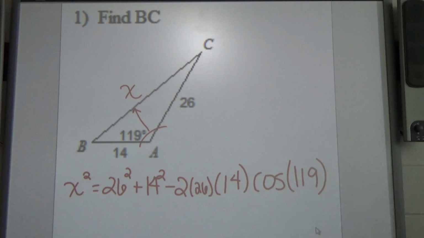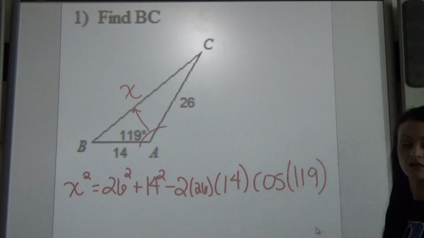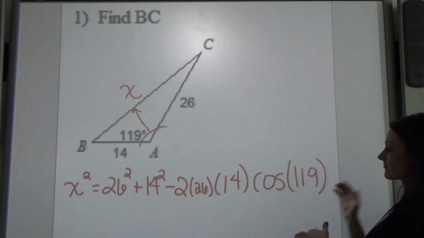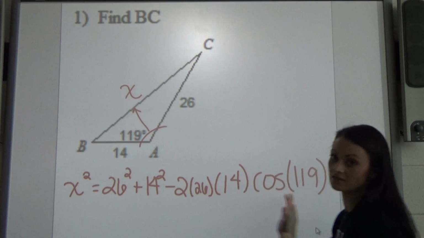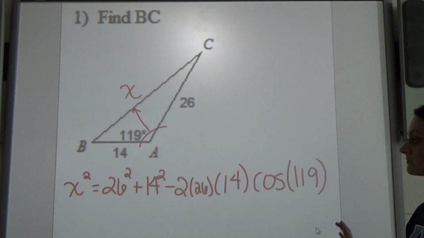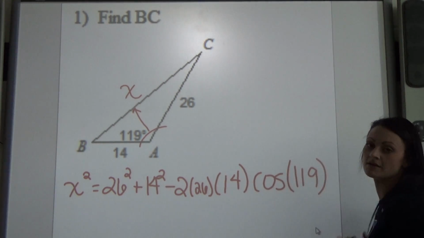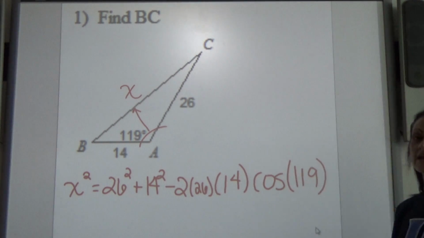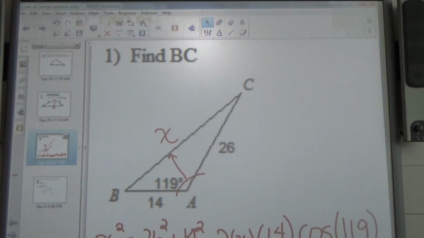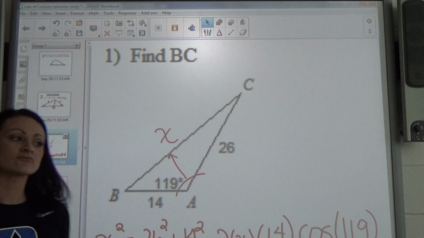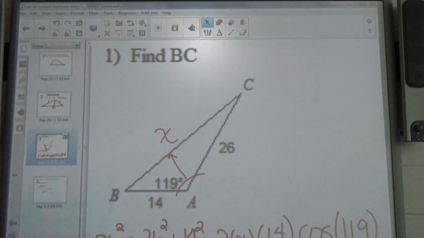So now I'm at a point where my calculator can do everything else for me. If you'll notice, everything that's on the right-hand side of my equation is just numbers. I can literally type all of that directly into my calculator.